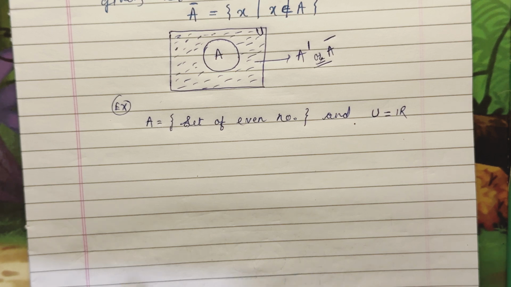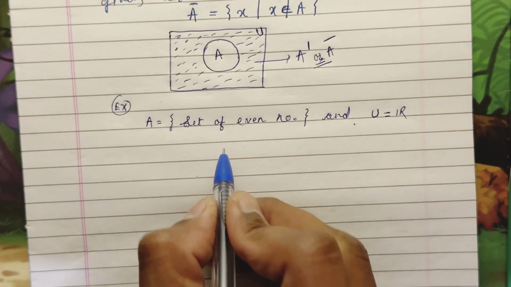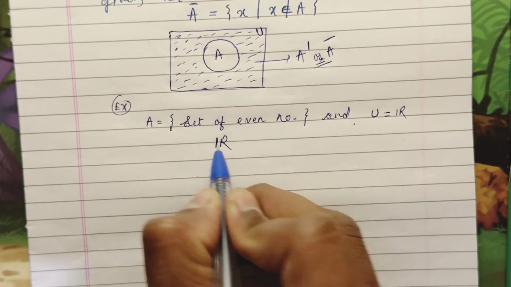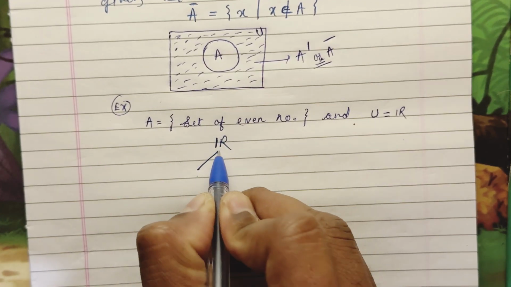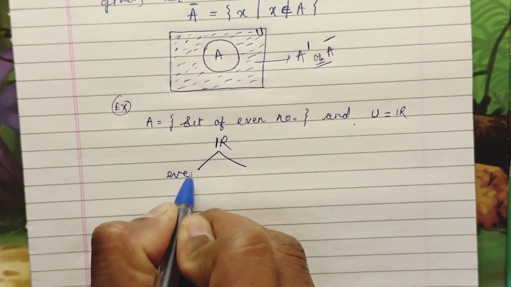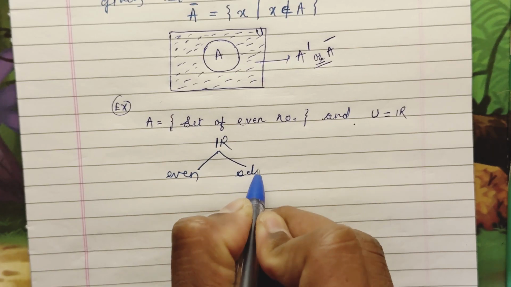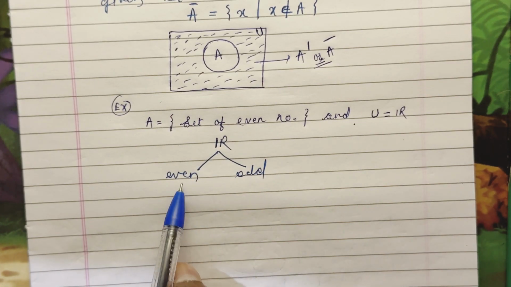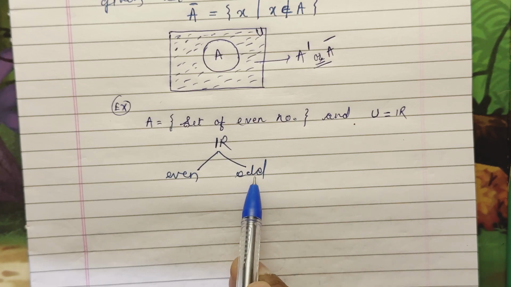There we don't have any other numbers. The number which is divisible by 2 we call even, and the remaining numbers we call odd.